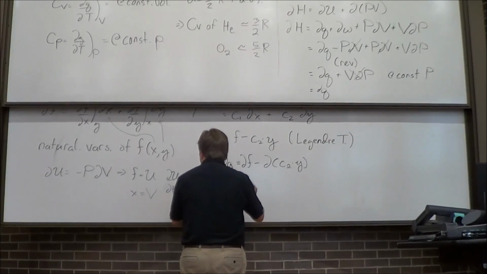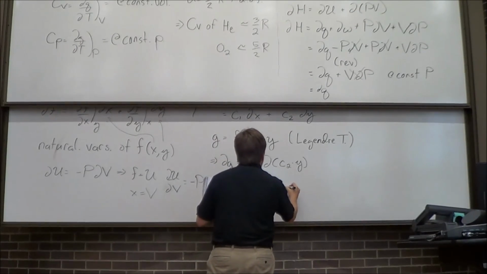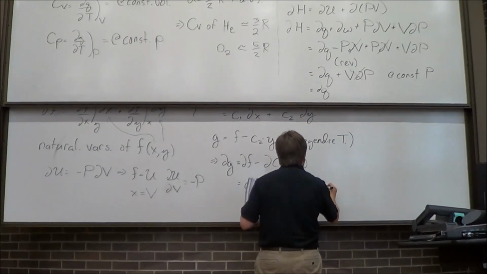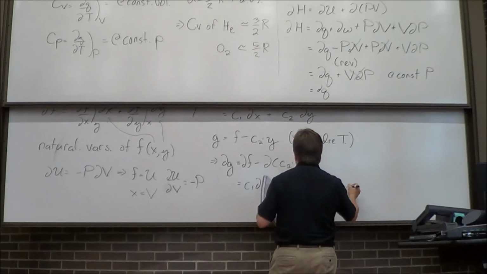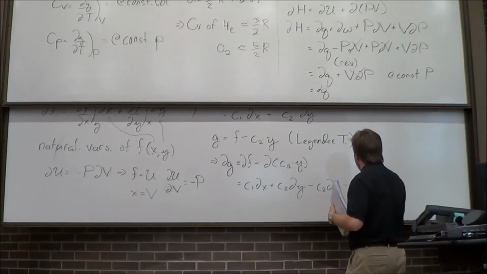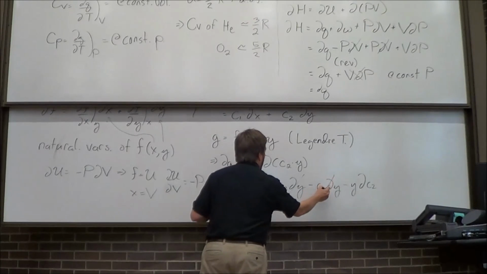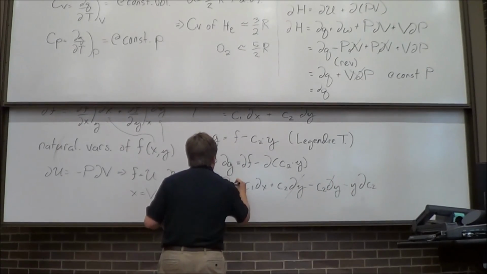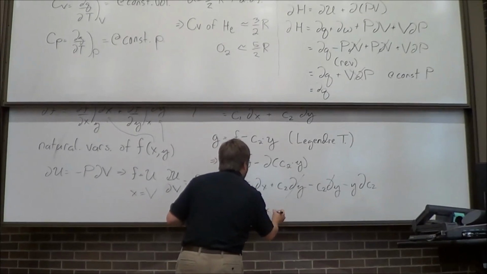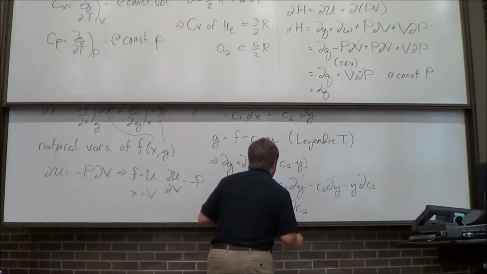Now I've already defined the change in F as C1 change in X plus C2 change in Y. And the product rule tells me to take C2 and let Y change, plus Y change in C2, except I've got a minus sign there. Now I'm using elementary school math to see that the change in G is C1 change in X minus Y change in C2.